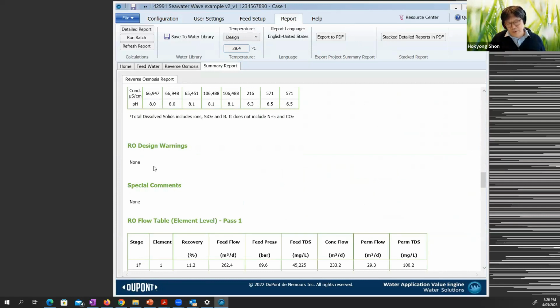If you put the back pressure too high, you will have too much back pressure in your flow, so you don't have enough permeate flow, and your design warning will show you. So as long as you don't have any design warning, your system is well designed, even with a little bit of back pressure or pre-stage pressure. It doesn't really affect your overall design warning.